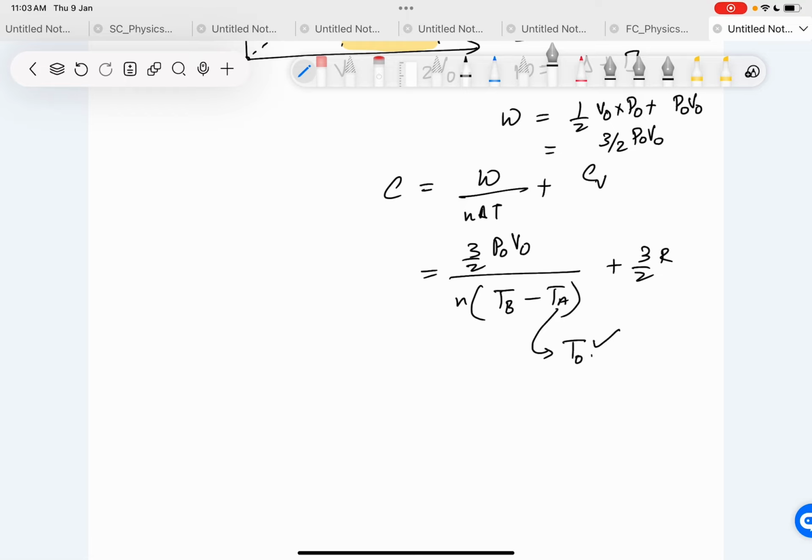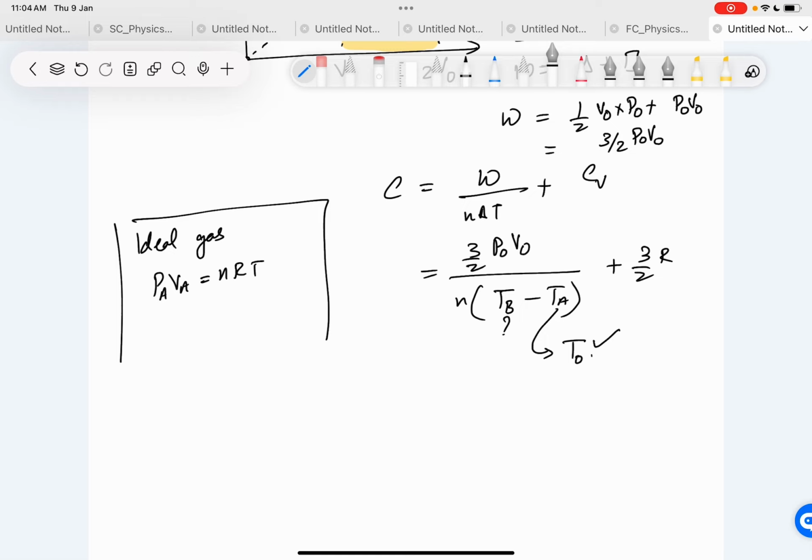We need the temperature at B. For this, let's use the ideal gas equation. Pressure at A, volume at A is nR into TA, or you can write PAVA by TA equals PBVB by TB.